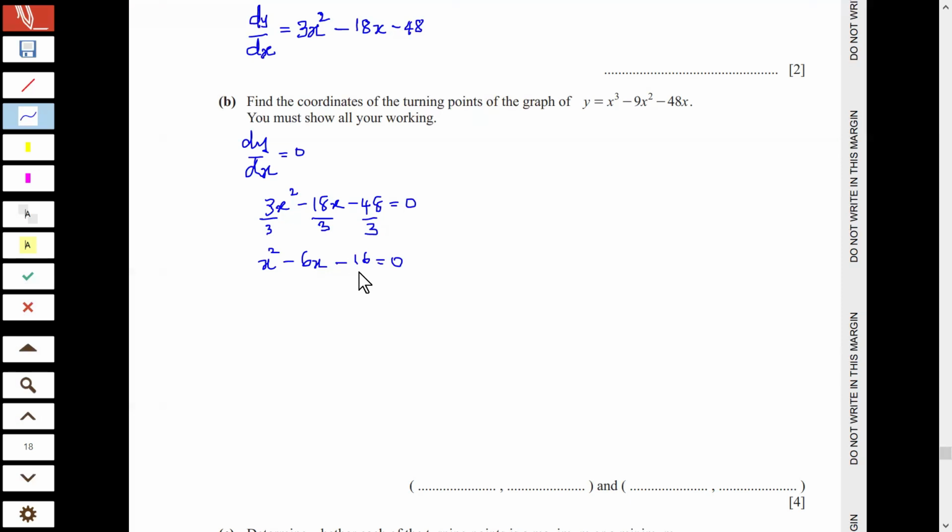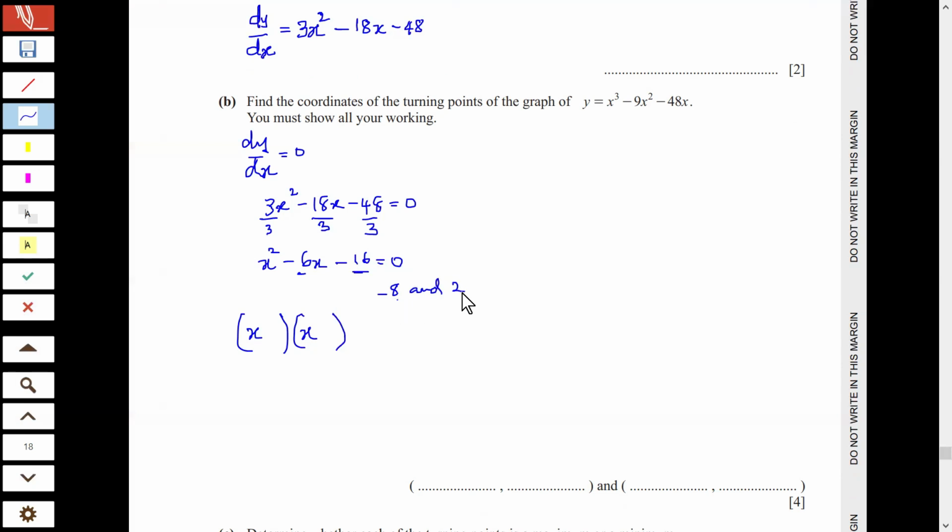Now I'm looking for two factors that multiply to give negative 16, and when I add these factors up, it gives negative 6. So these two factors will be negative 8 and positive 2. Negative 8 times 2 gives negative 16.